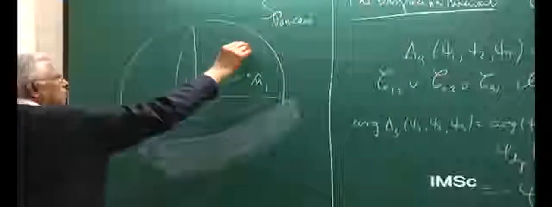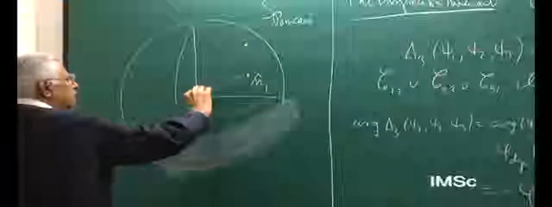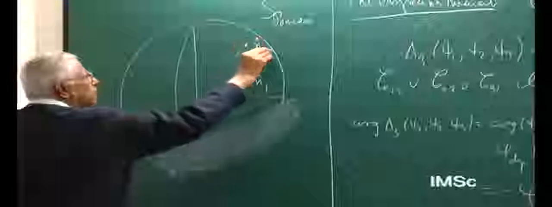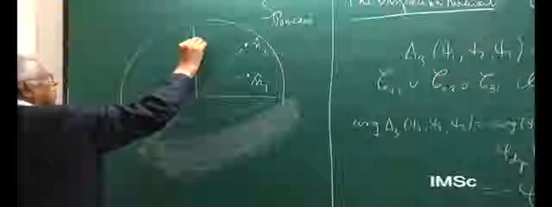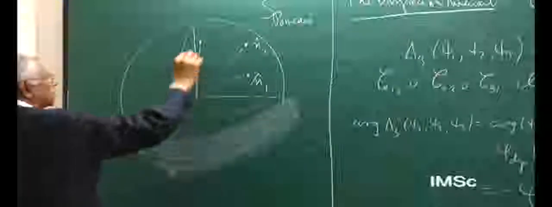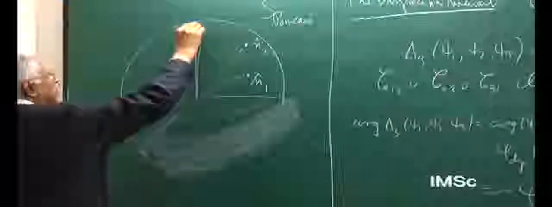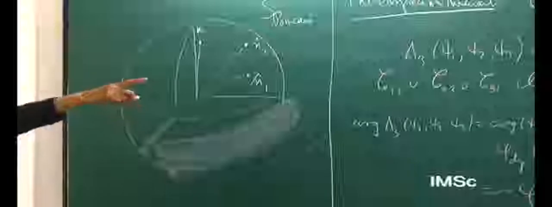Then the polarization state of E2 is represented by some other N2 on the Poincare sphere. And let us suppose the third one is here. So E1, E2, E3, through that formula defining the unit vector n, map to these 3 points n1, n2, and n3.